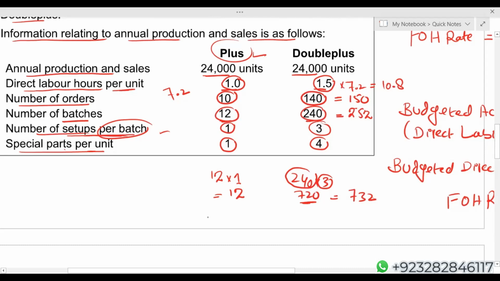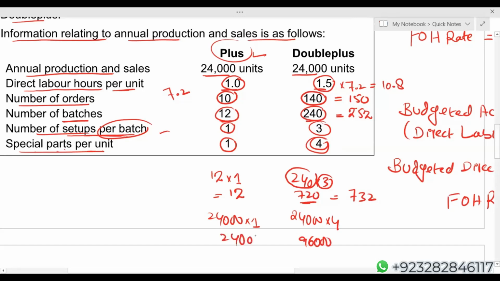How many units are there for plus? 24,000 into 1 is 24,000. So the special parts required for product plus are 24,000. For double plus, 24,000 into special parts per unit 4, so 24,000 multiplied by 4 gives us 96,000.